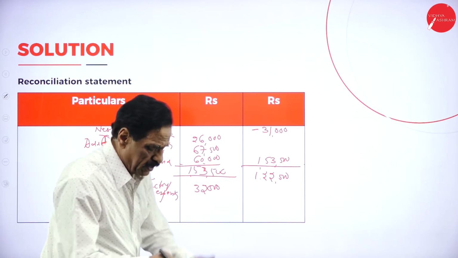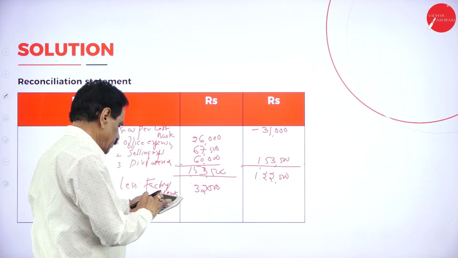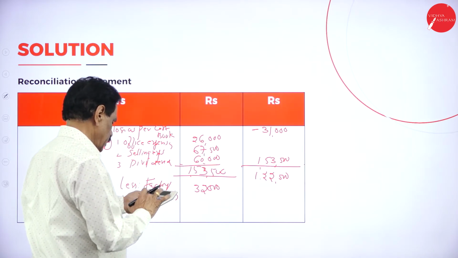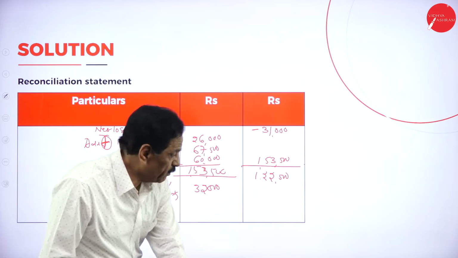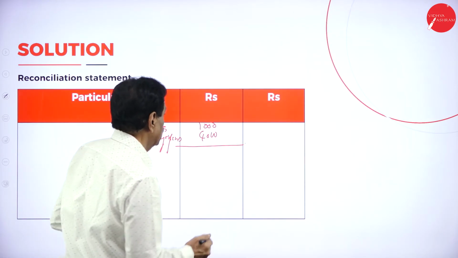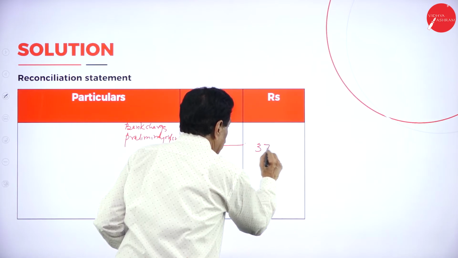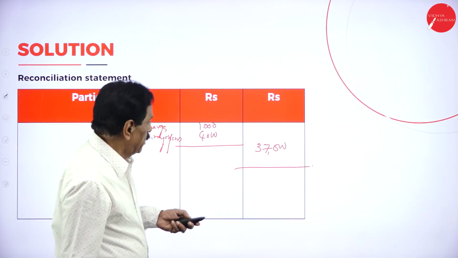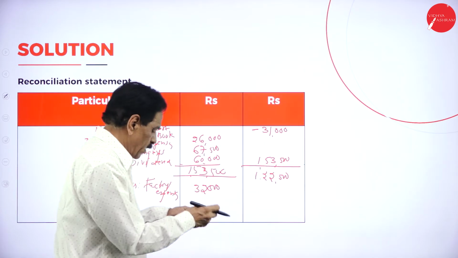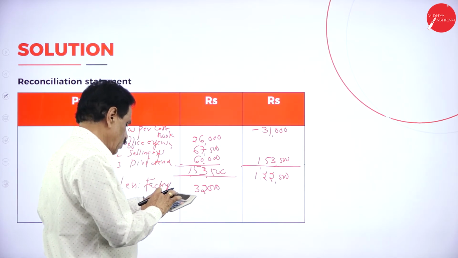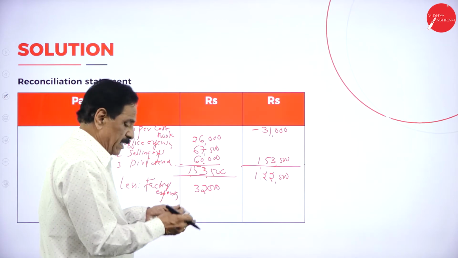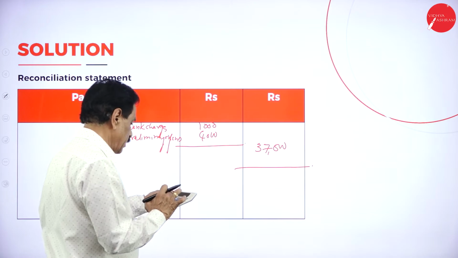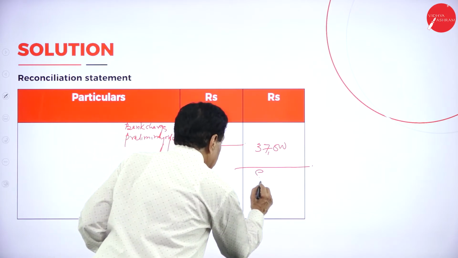This is 32,500 plus 37,500. Deduct. What's your figure? 1,22,500 minus 37,500. 85,000.